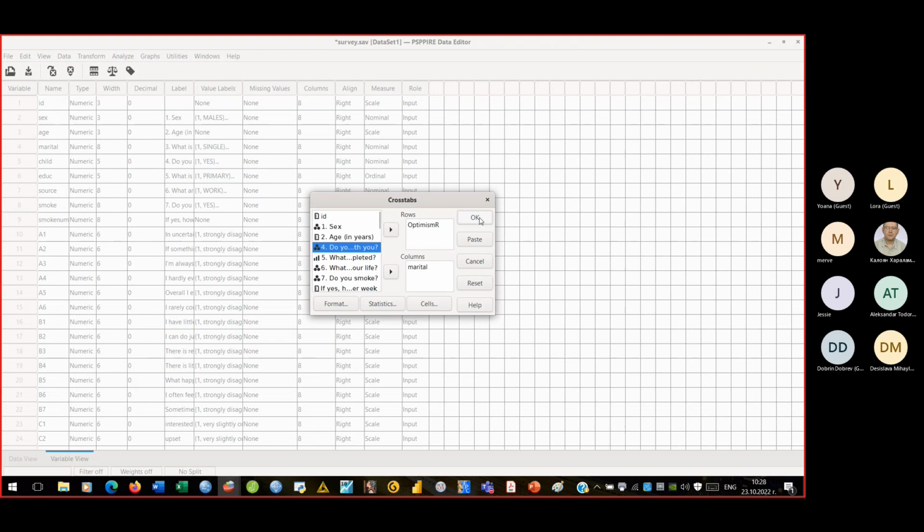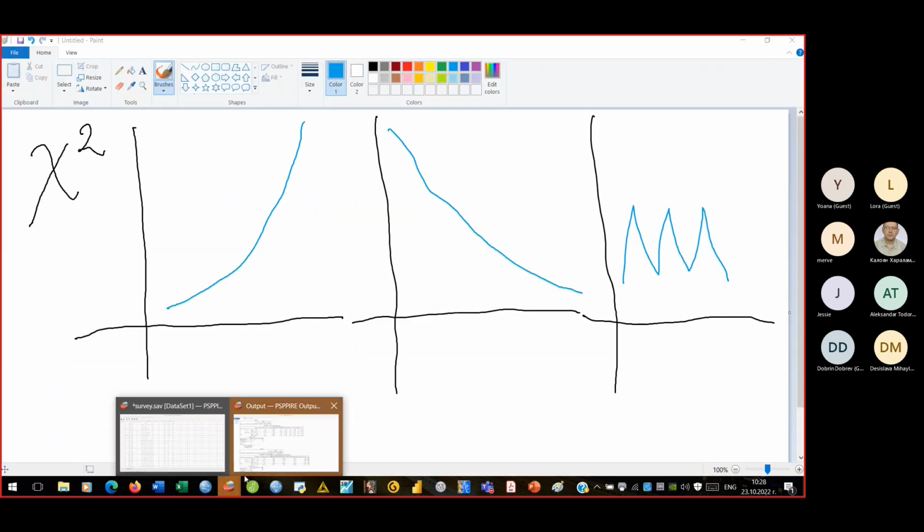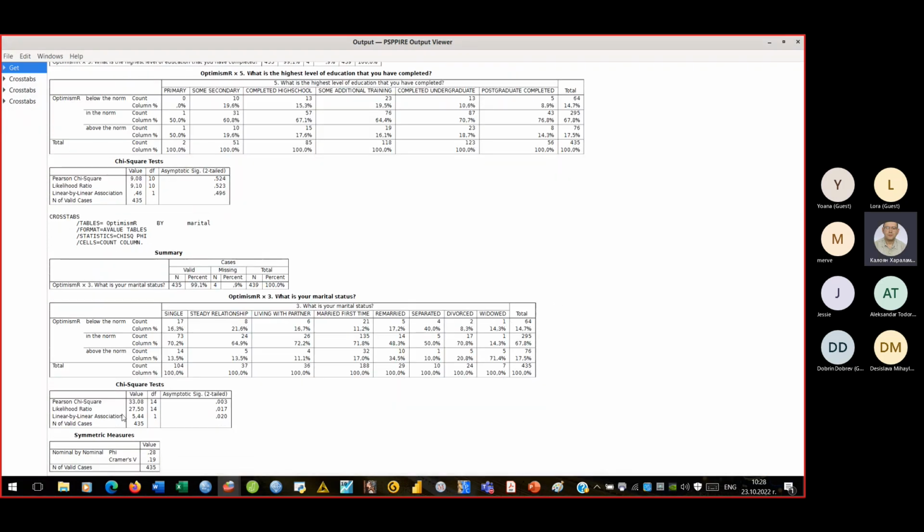Okay. And then we have here an additional table for this coefficient, and we can see that the value is 0.19.